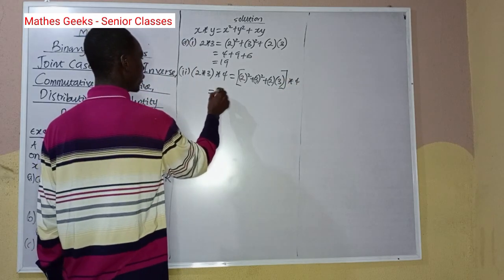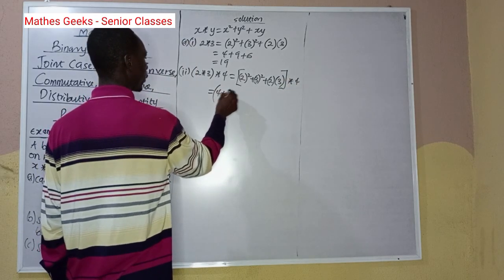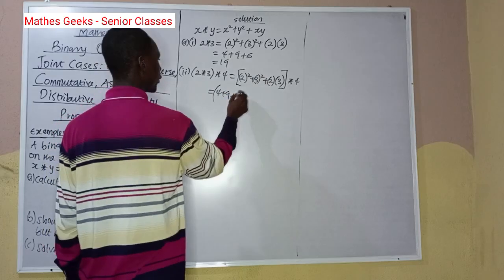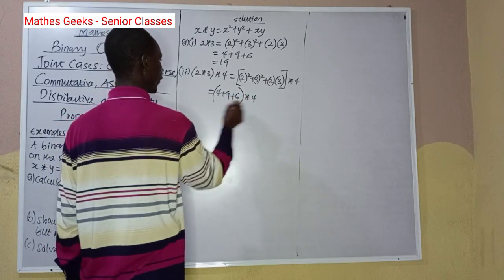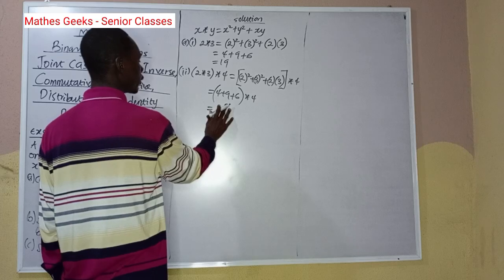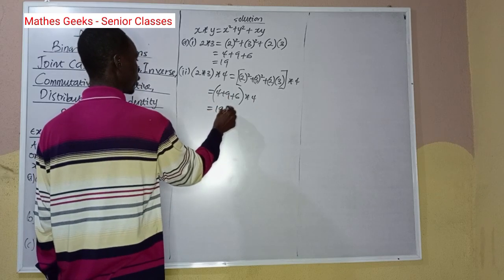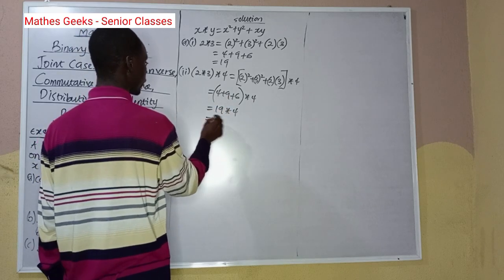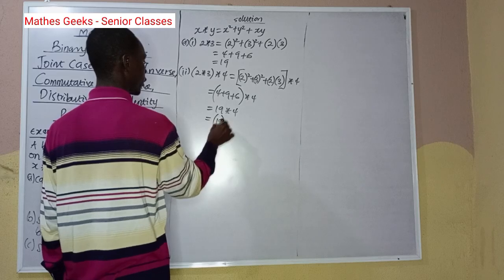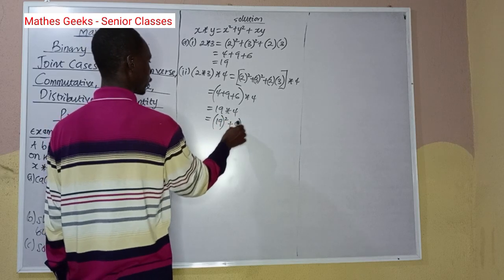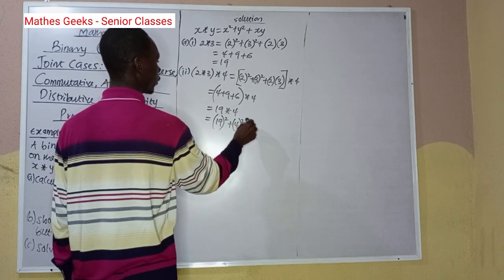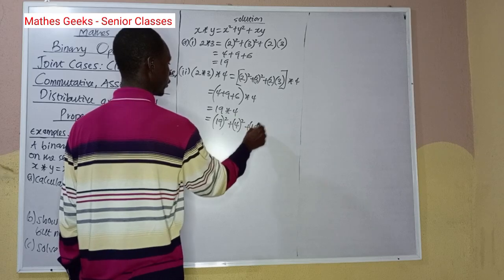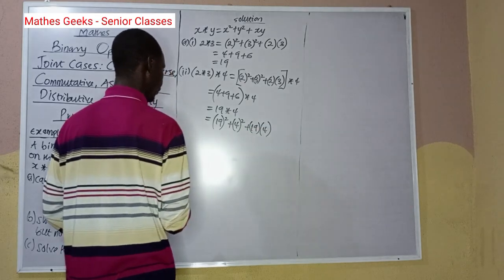So 4 plus 9 plus 6 is 19, operation 4. This will give us 19 squared plus 4 squared plus 19 times 4.